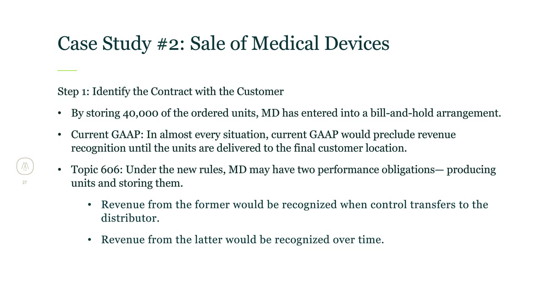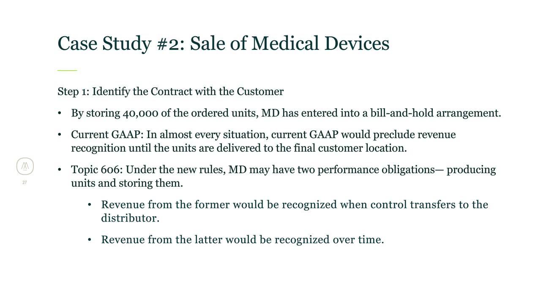Under the facts of this case study, we may actually have more than a single performance obligation. On a prima facie basis, we would think, oh yeah, I'm selling units. My performance obligation is to deliver units of my medical device to the distributor.